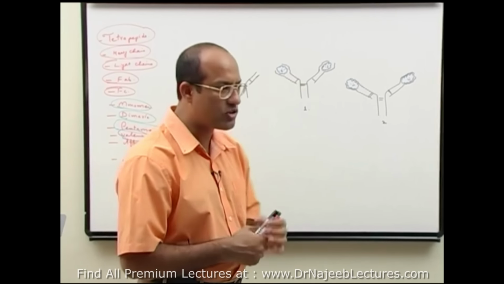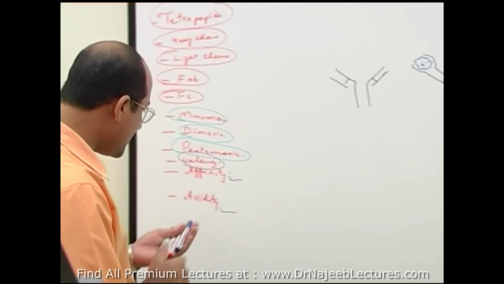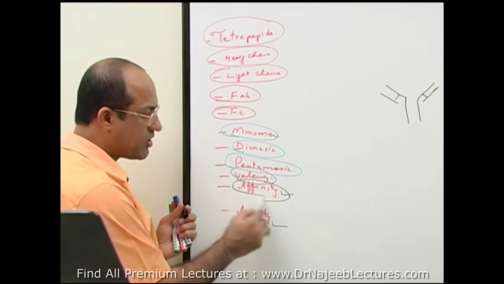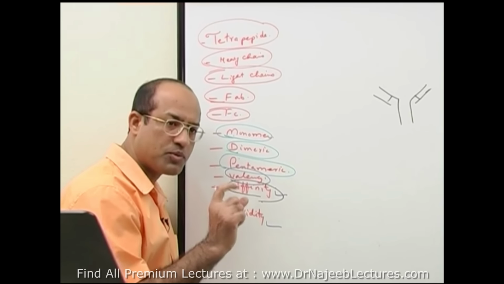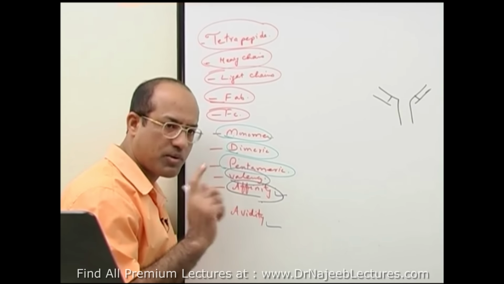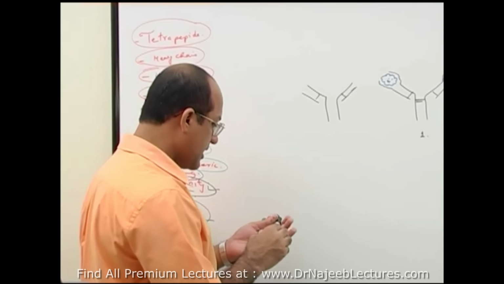Am I clear? This concept is called affinity. But avidity is a slightly different concept. Affinity refers to the binding force between antigen and antibody at one point. Avidity means a different thing, let me tell you.